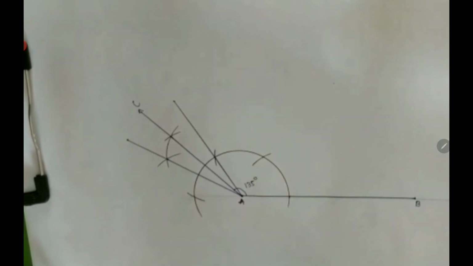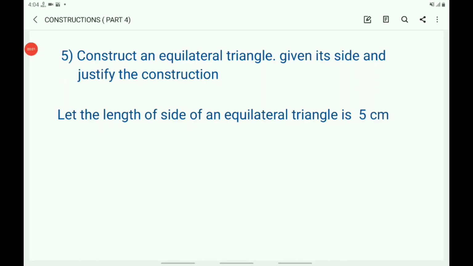You constructed it here. Now the fifth main question. Construct an equilateral triangle given its side and justify the construction. Let the length of the side of an equilateral triangle be 5 cm. If one side is 5 cm, it means all the three sides are of 5 cm length, because you know that in an equilateral triangle all the three sides are of the same length.